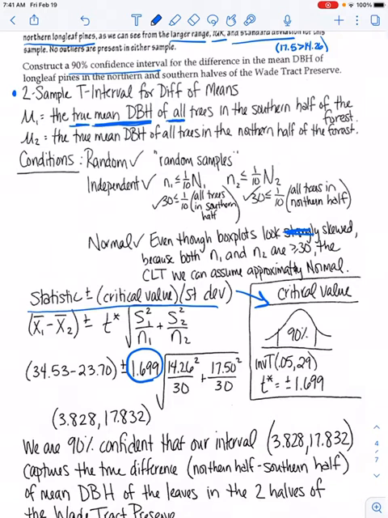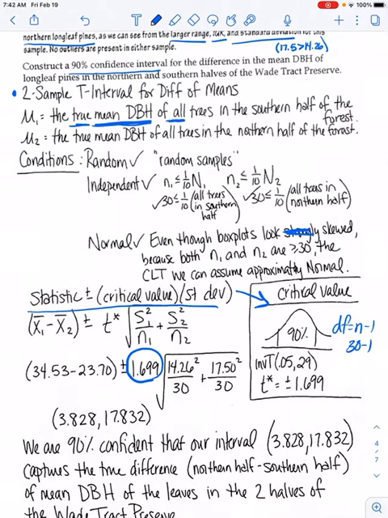So 90% confidence interval. So I'm going to do inverse t of 0.05 with degrees of freedom as a 29. And that gives me t star to be plus or minus 1.699.